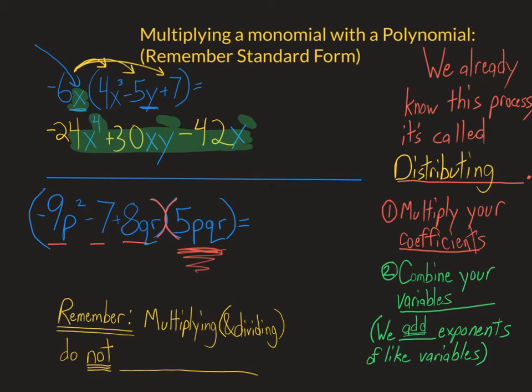So this distributing principle is exactly the same front or back, and even if the second term has parentheses, or like the first problem, it doesn't matter. That negative 6x is right up against the parentheses, so is the 5pqr on the second problem. Okay, so it's going to be a distributing problem both ways.